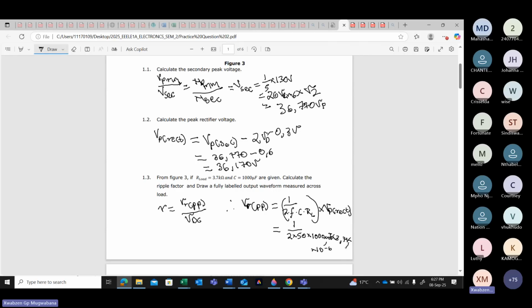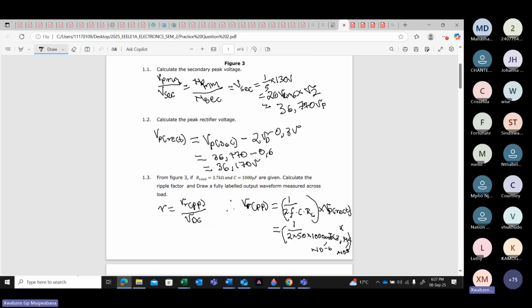And we know that kilo is the same as multiplied by 10 to the exponent 3. Micro is multiplied by 10 to the exponent minus 6, kilo is multiplied by 10 to the exponent 3. Then all of these must be multiplied by your V peak rectifier.